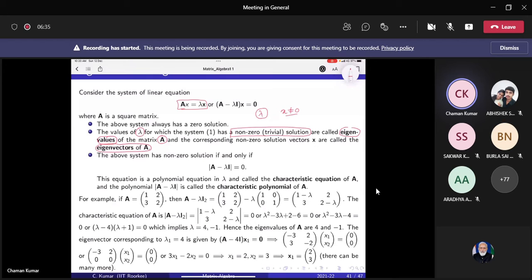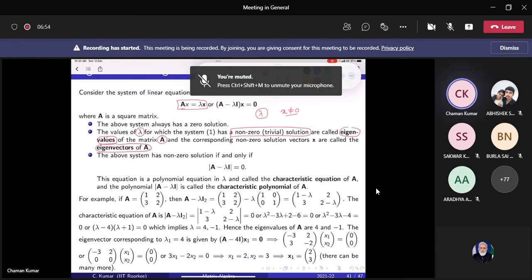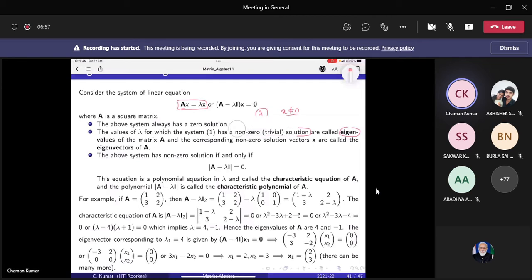This lambda, the lambda that you have obtained, is known as the eigenvalue, and the solution that you obtain, which is the non-zero solution or the non-trivial solution, is known as the eigenvectors of A. Now the purpose is to identify a non-zero solution. So we can first of all write this equation in this form.